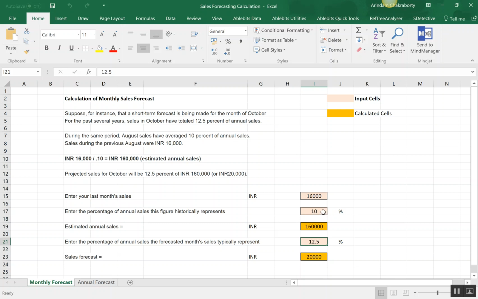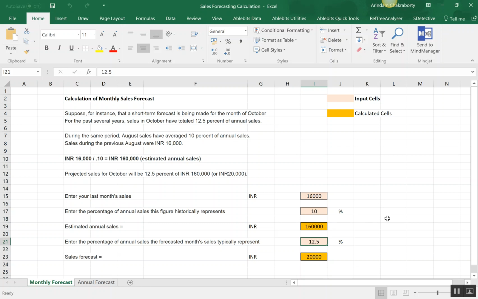And in August the sales is 10% of the annual sales, right? So if the sales is 16,000 in the month of August, then we can roughly say that the estimated annual sales is roughly around 1,60,000.